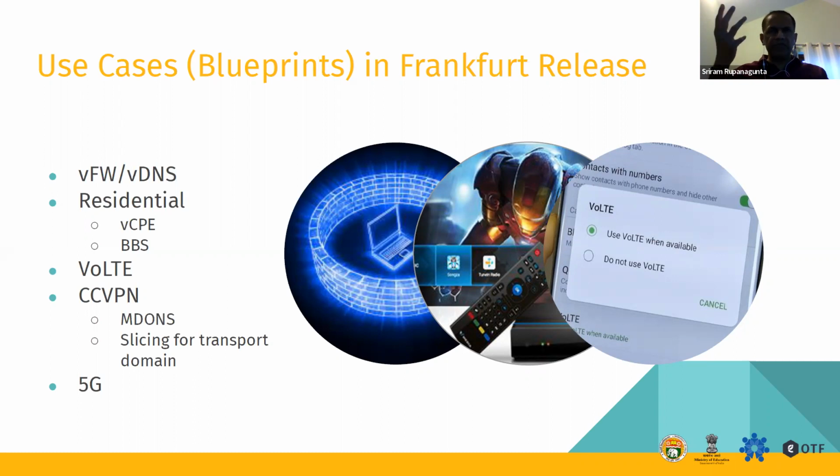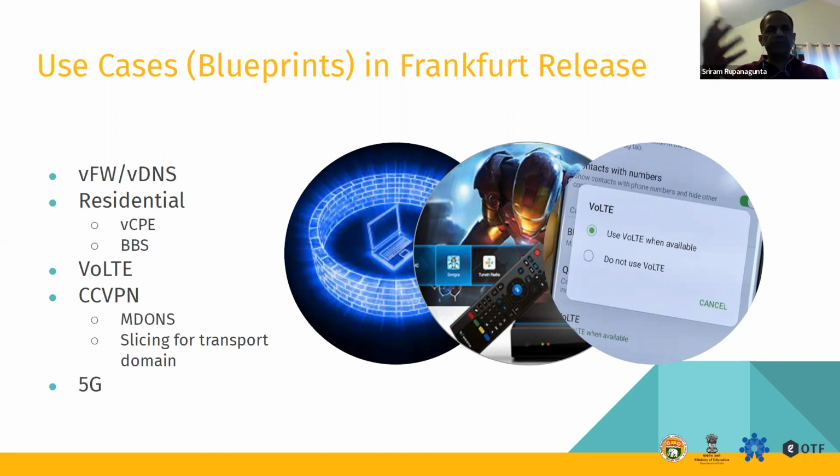And then there are a couple of residential use cases, VCP and BBS. There is another one, OLT. Again, there's voice over LTE. Some of them are, by the way, not open source, so you will not see them when you check out from the ONAP public repositories. You may have to talk to the commercial vendors for some of them.